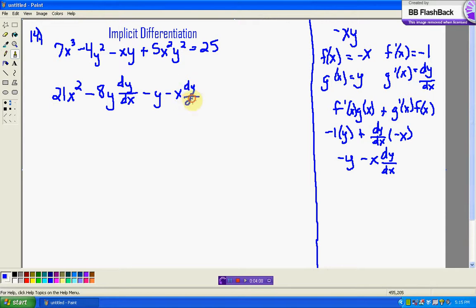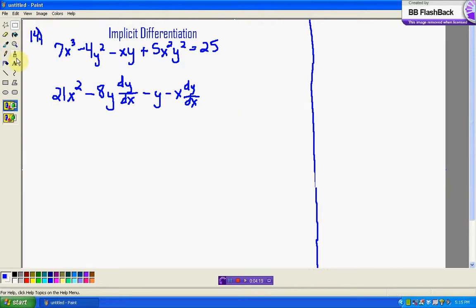Dy dx. Okay? Then I'm going to delete that information over here so I can use it for the next guy. Alright, the next guy over here is 5x squared y squared. So again, product rule.